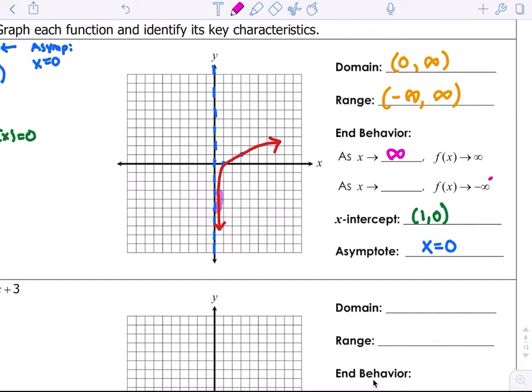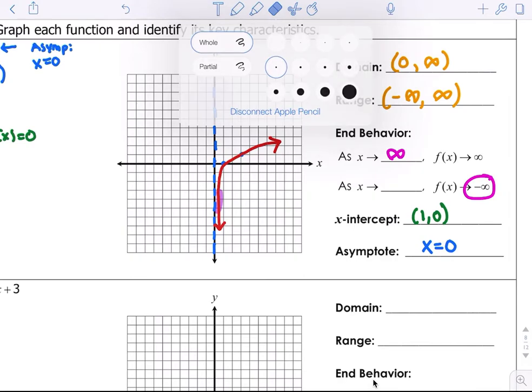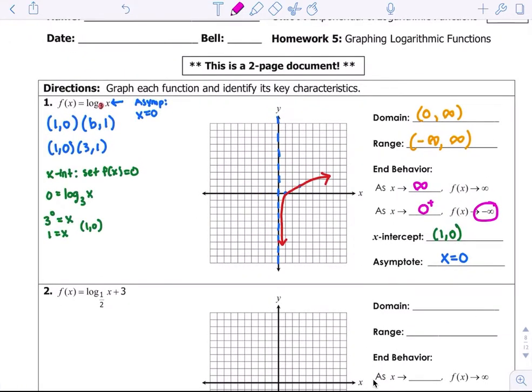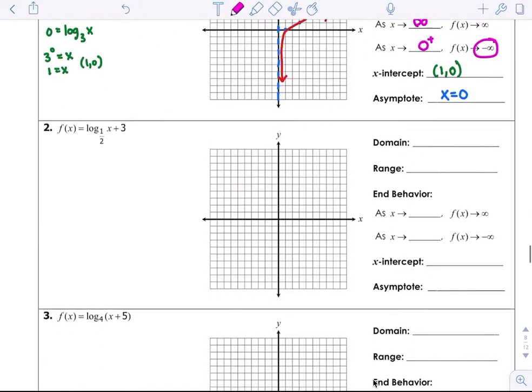Now, where is this graph approaching negative infinity? And that is down here, right? And notice, that's when x is approaching 0 from the right-hand side. We also did this one in our notes, so there's that.